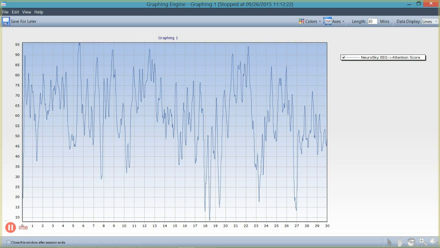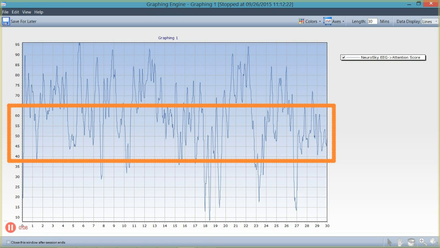As an example point here, you could see that I dropped into the baseline range. Once again, the baseline is around here. That's our baseline, thereabouts. It's from 60 down.